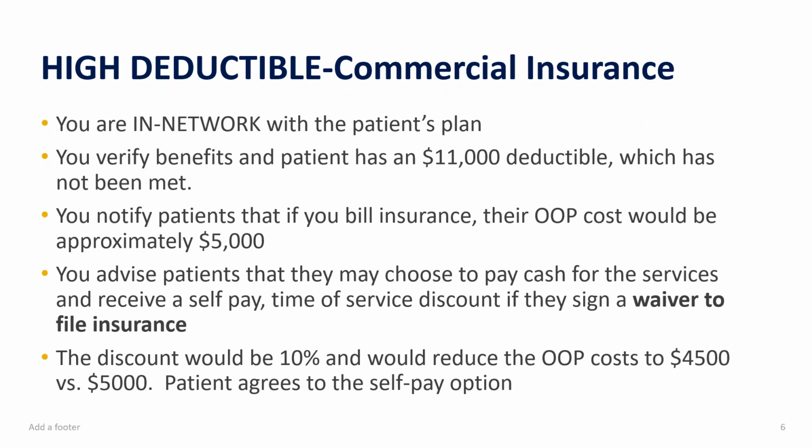Now, the discount, you give them about a 10% discount, and that would reduce the out-of-pocket costs for them. So the patient agrees to the self-pay option. They say, you know what, that sounds good enough for me. I probably am never going to meet this $11,000 deductible, and so I'm okay with the cash rate.